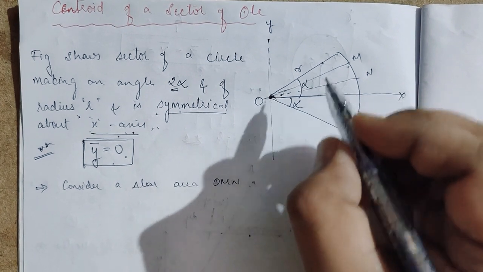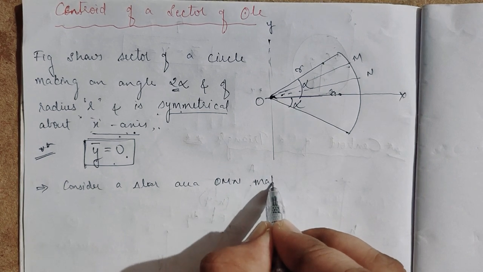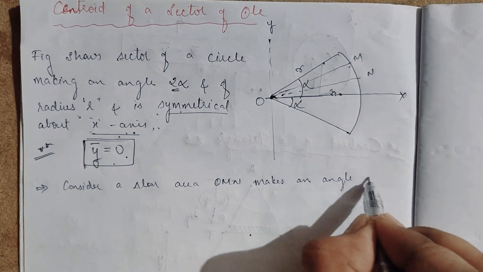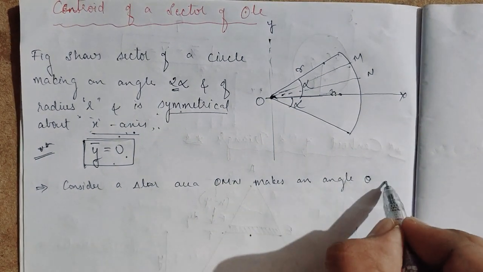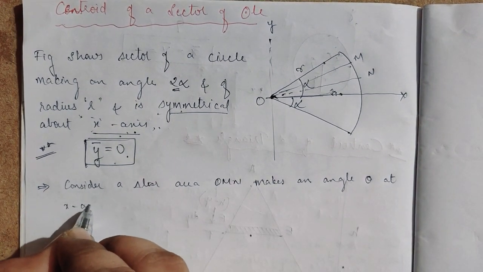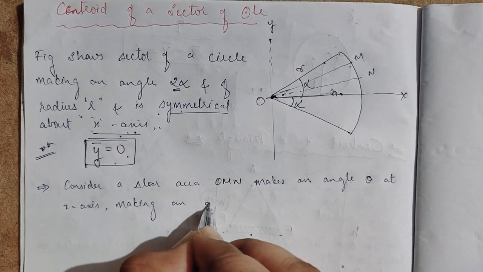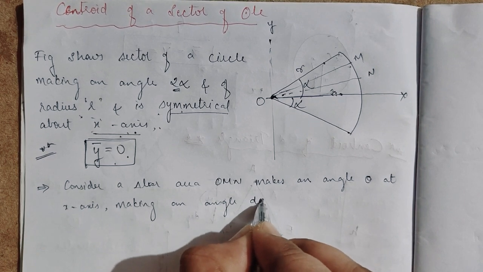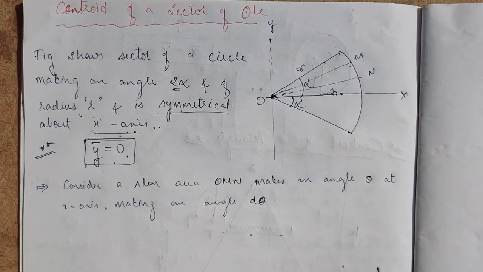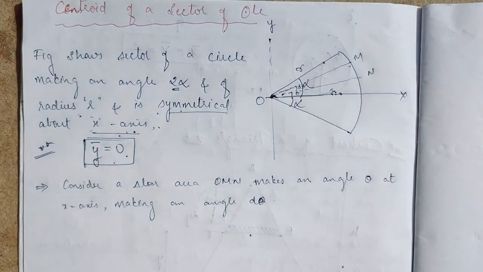This triangular area OMN makes an angle theta at the x-axis, and it makes an angle d theta inside, theta is this one.